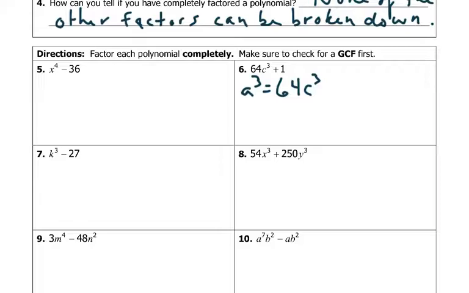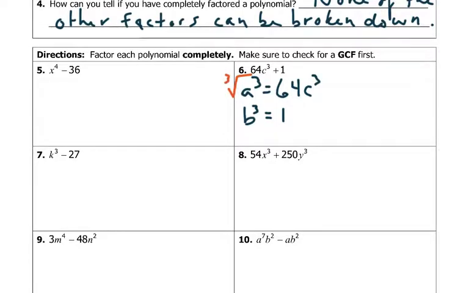And we have B cubed equals 1. In order to get A and B by itself, we need to take the cube root of each side. So we need to take that of both sides: cube root of this side, cube root of B cubed, cube root of 1.